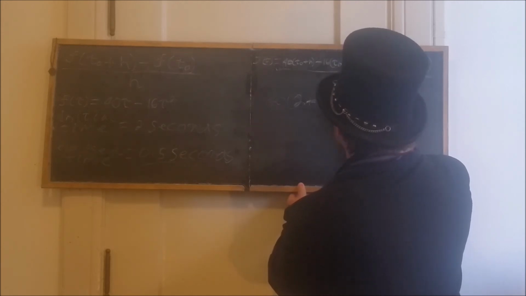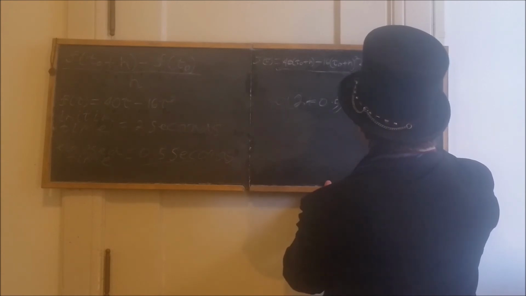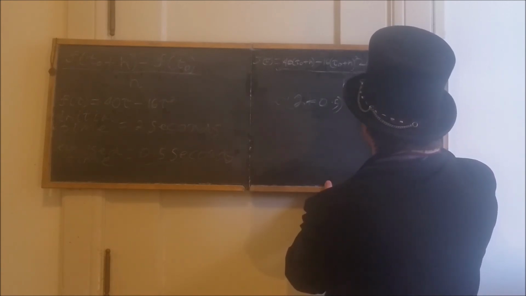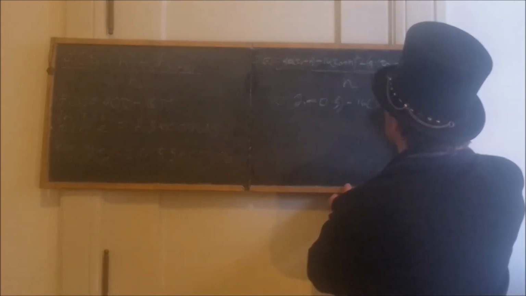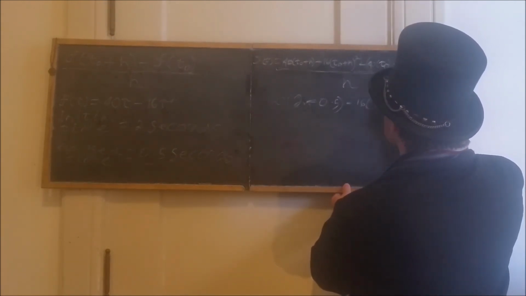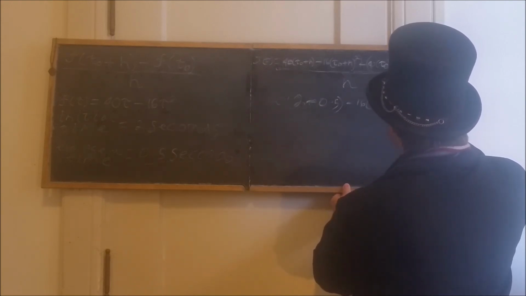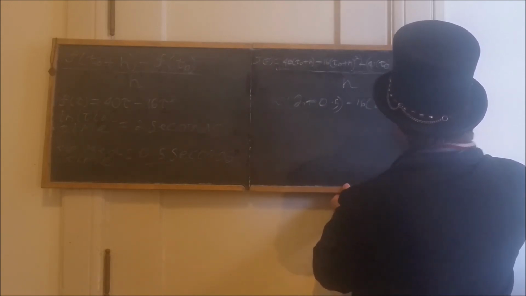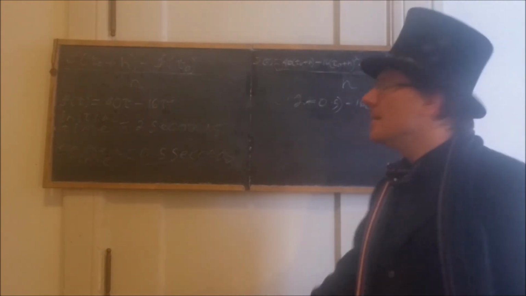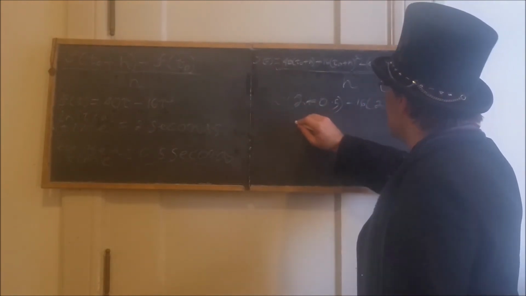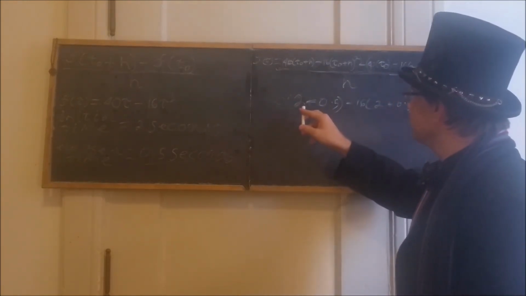0.5 minus 16 times 2, because 2 is our initial time, plus 0.5 squared. Okay, so we don't have a lot of time here, so I'll tell you, of course, you have to distribute.